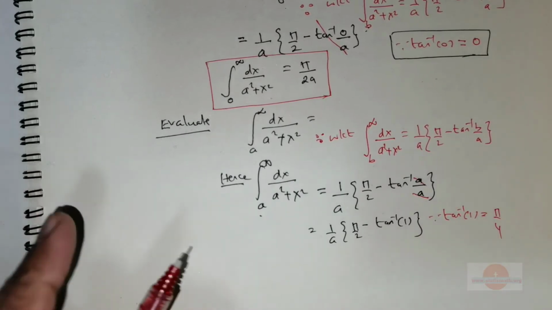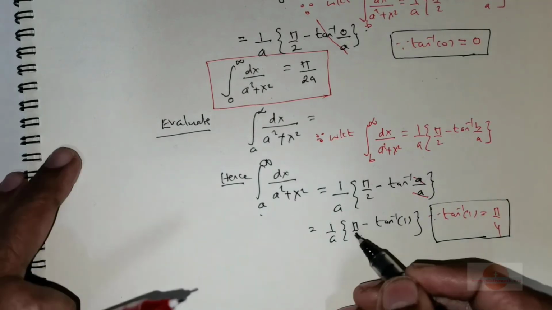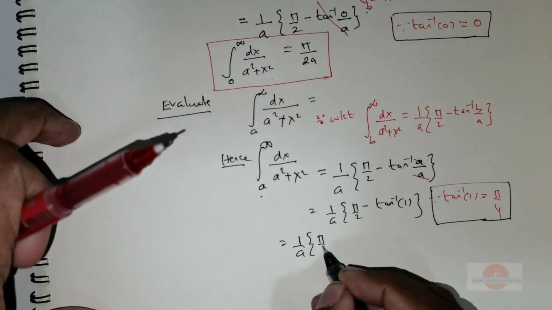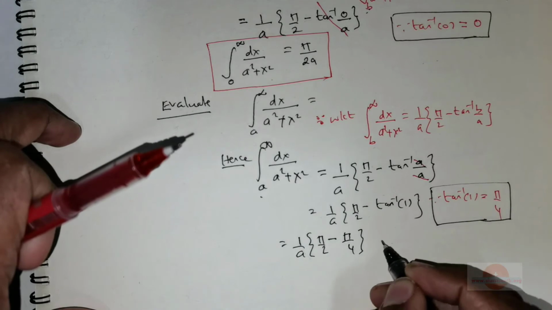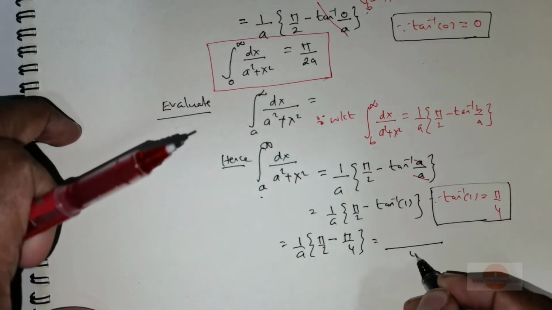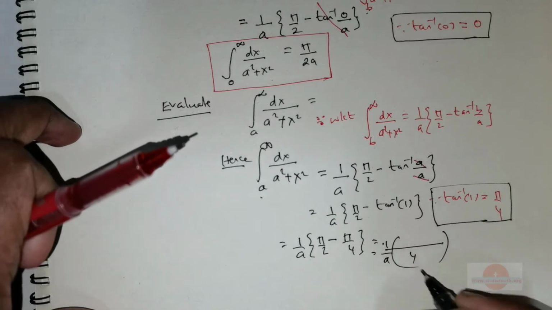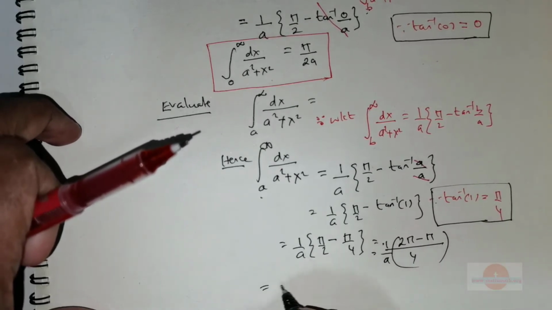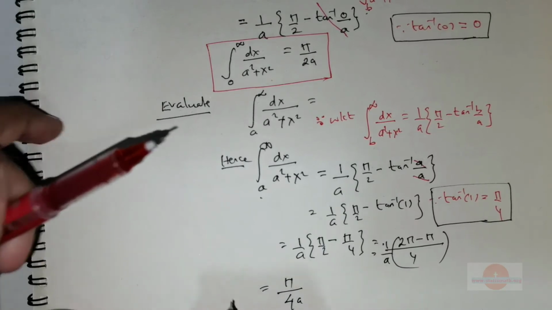Since tan inverse of 1 is pi over 4, the final answer is going to be 1 over a times pi over 2 minus pi over 4. Now you can take the LCM as 4. Of course you have 1 over a as a constant there. So that would give you 2 pi minus pi, the final answer being pi divided by 4 times a.